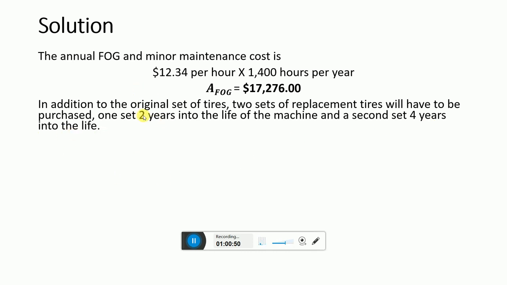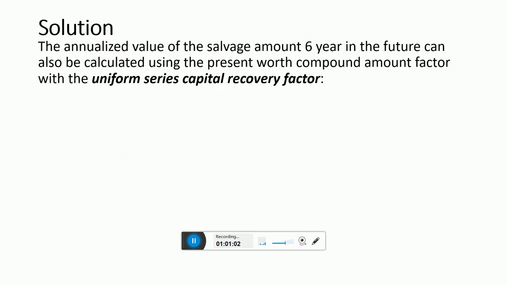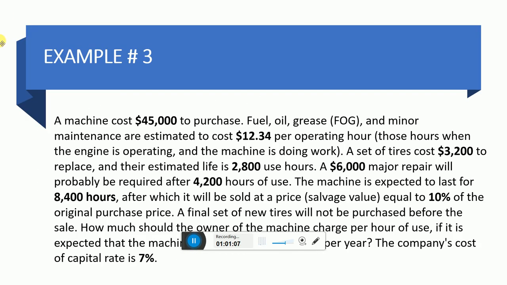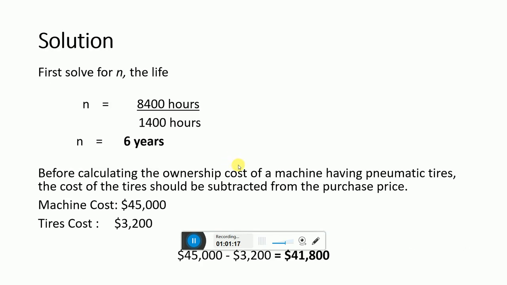The 2 years, because in the example, if we go and see, it says that tires have to be replaced after 2800 hours of use. Let me show you that. So here a set of the tires costs $3200 and has to be replaced after 2800 use hours.